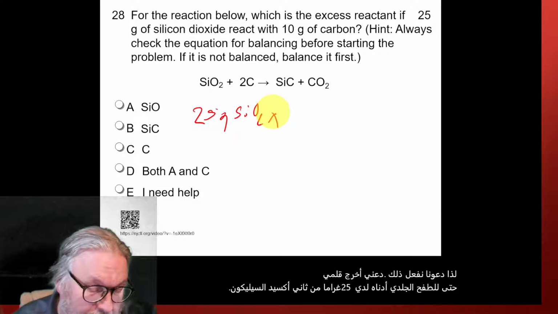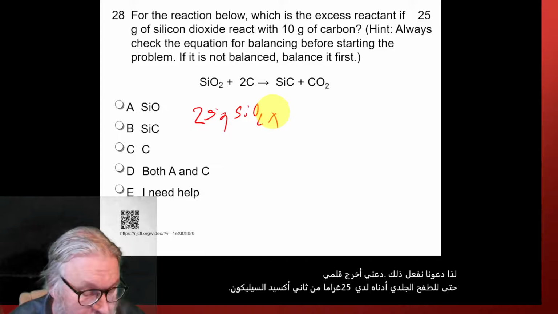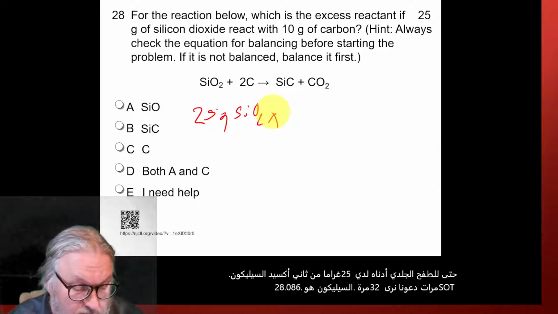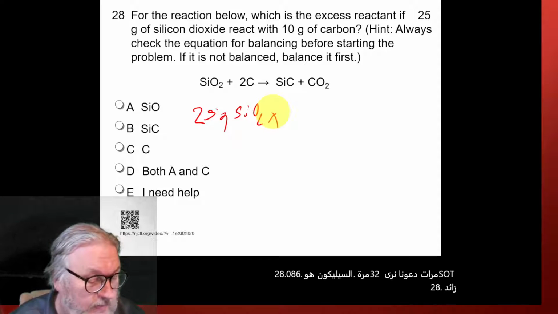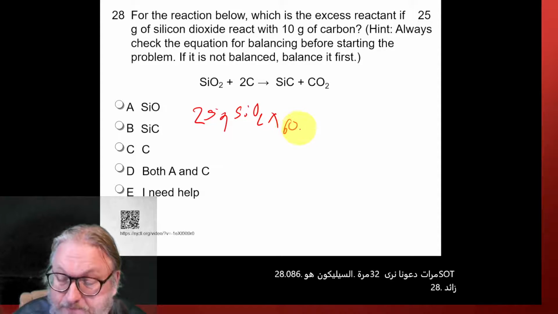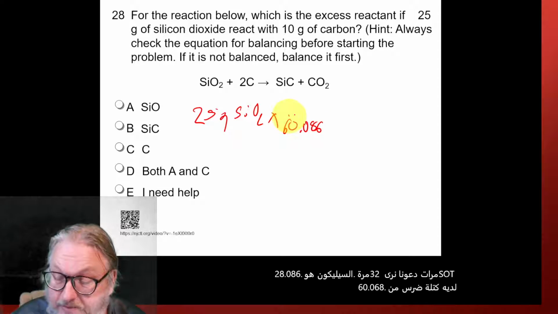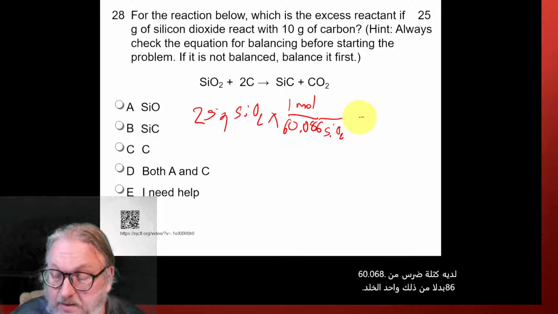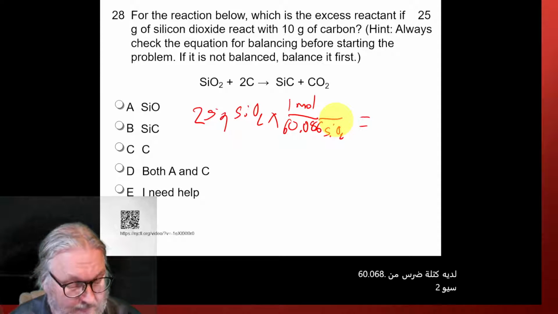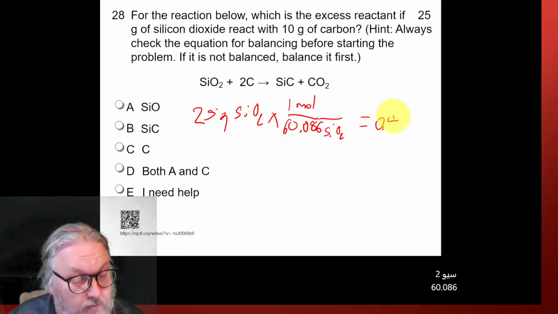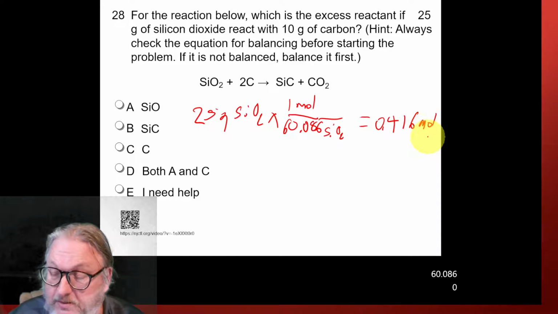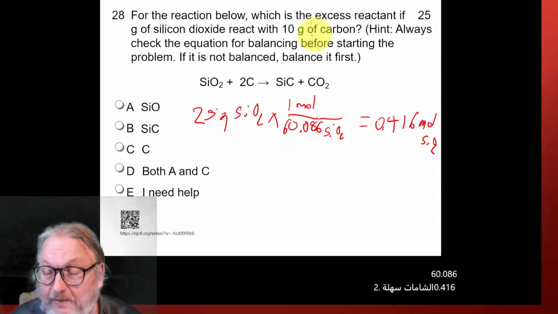Silicon is 28.086 plus 2 times 16, so it has a molar mass of 60.086. 1 mole SiO2 over 60.086 grams gives me 0.416 moles of SiO2.